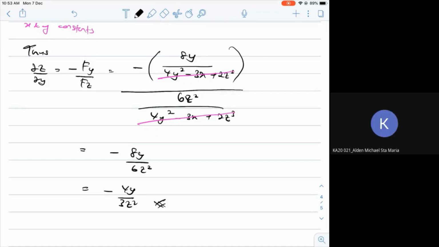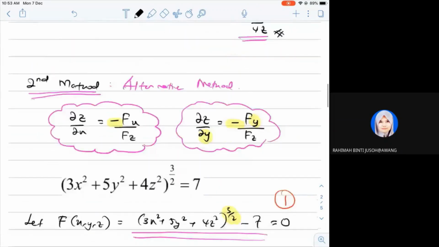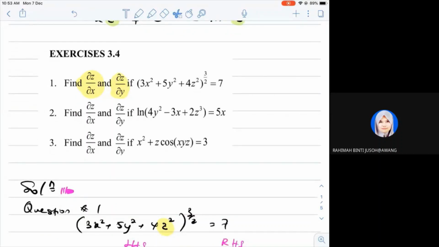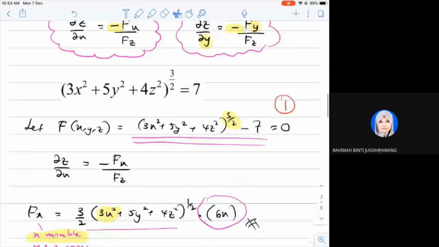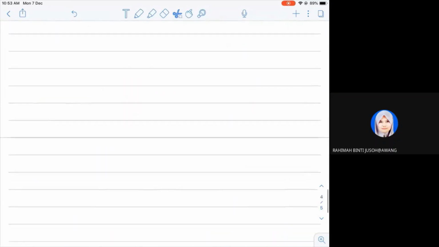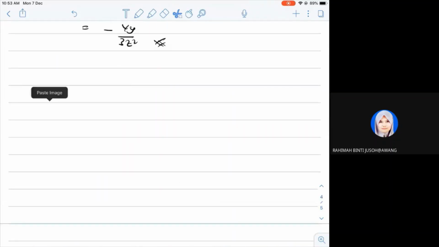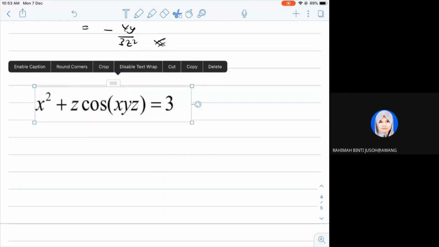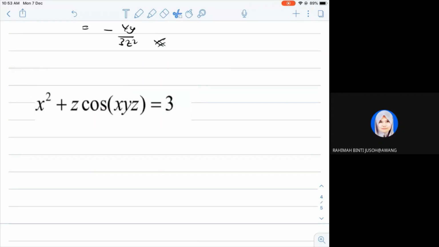Okay, now let us proceed to question number 3. We have this. Again, I would like to suggest you to use the second method, the alternative method.